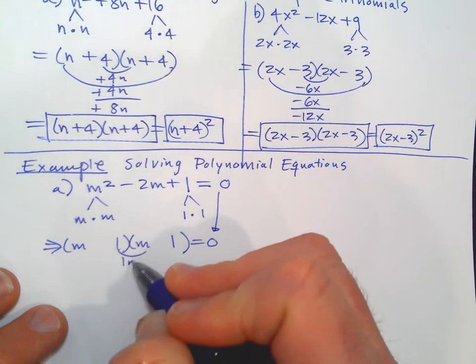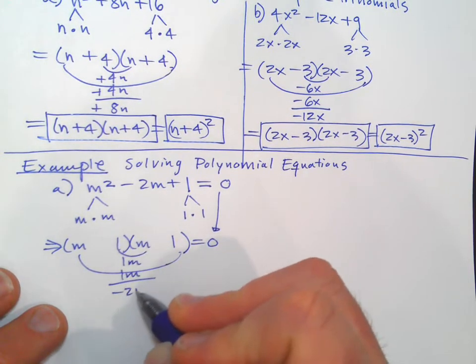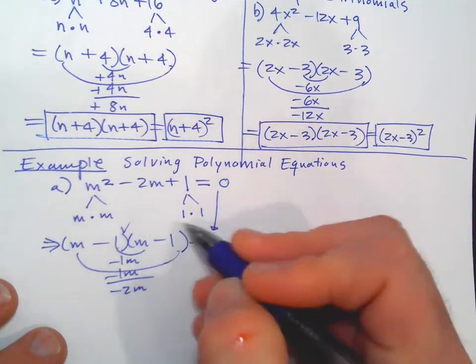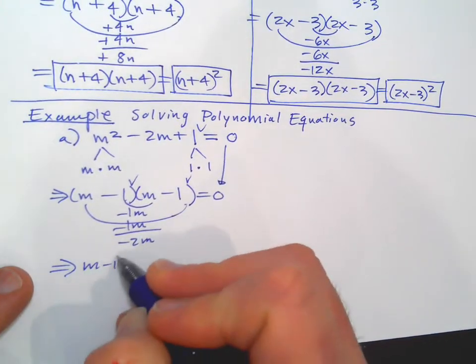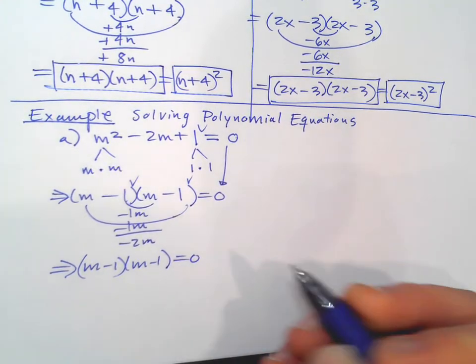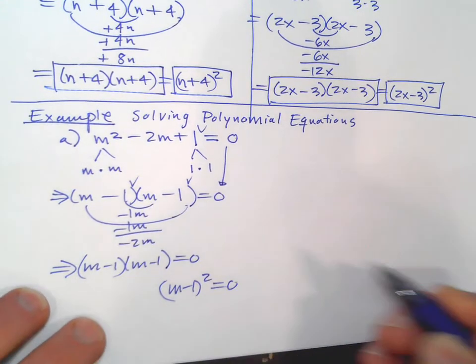And at some point, you might start doing this stuff in your head. We need to get negative 2m, so they're both negative. Negative 1 times negative 1 is positive 1. Check it. So what we have is m minus 1, m minus 1 equals 0.